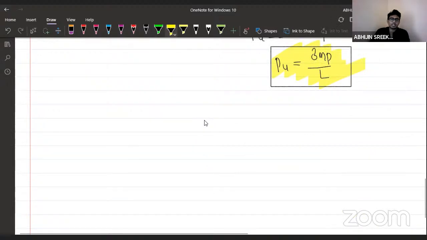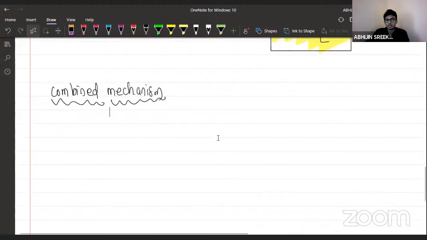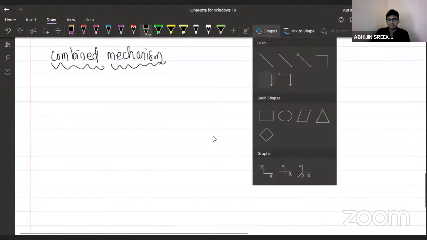Now one more mechanism. We need to combine them. It's known as the combined mechanism. How to go for it? First of all, let's try to draw it.